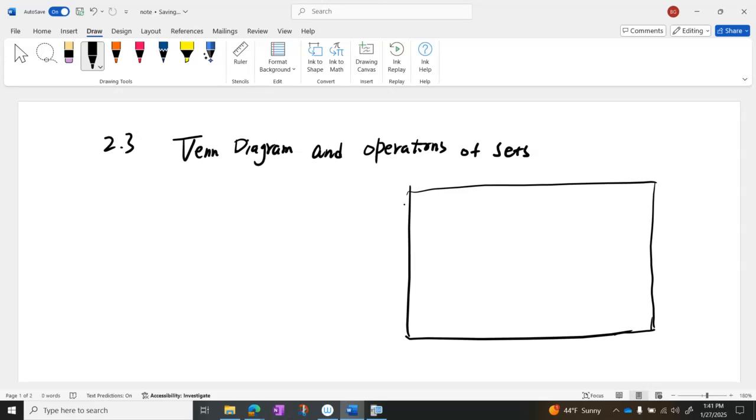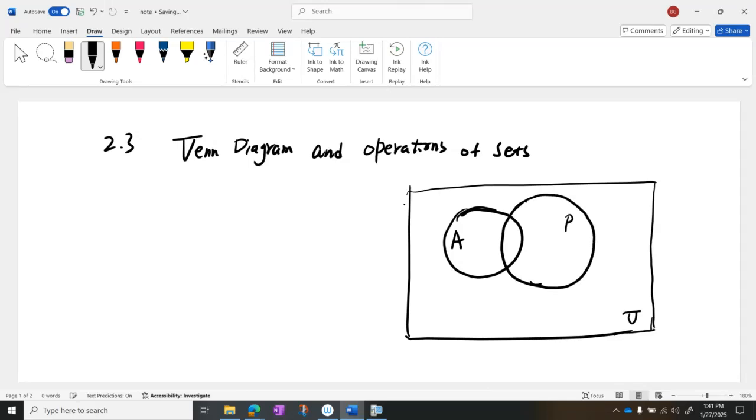All right, and the box represents the universal set. And in the box, we can have sets that are represented by circles. For example, I can draw a circle and let this circle represent a set A. I can draw another circle and let this circle represent the set B. I can draw more circles if I want.